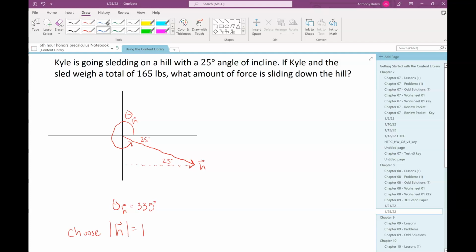Physics people in the room, what force is represented by weight? Grace? Gravity. Yes, gravity. If there's no gravity, there's no weight, right?